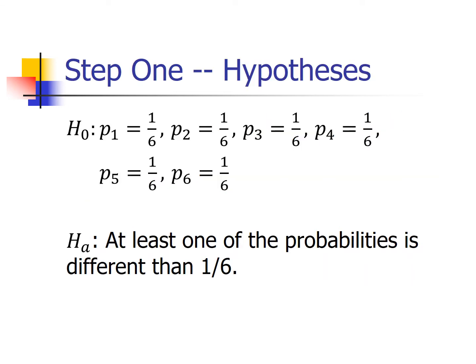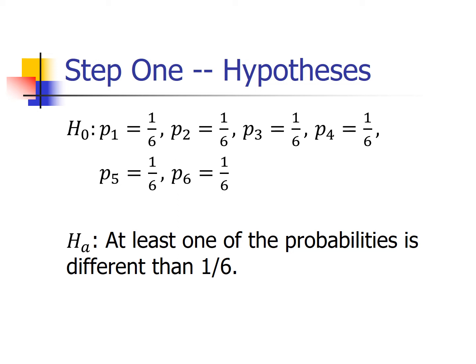Same 4-step hypothesis dance. Step 1, set up our hypotheses. Here our hypotheses are sort of compound or composite, a little bit more complex than what we've worked with. We have one variable, which is the outcome of a die.